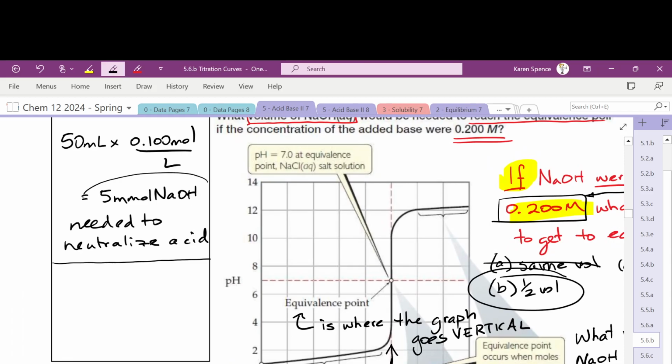So if we needed 5 millimoles to neutralize the acid, what volume of our 0.2 molar, I mean, this is sort of complicated. I wouldn't do it this way. I'd just be like, the concentration's twice as much, and so I need half the volume. But if you want to do it by dimensional analysis, you can say, okay, that gives me 5 divided by 0.2 is, should be 25, right? Milliliters.